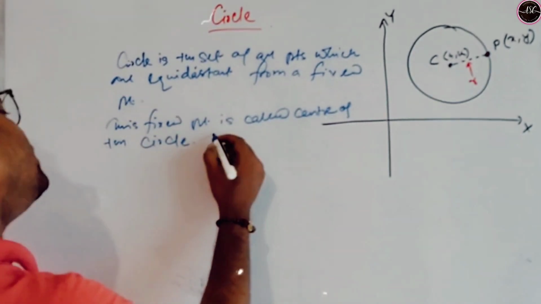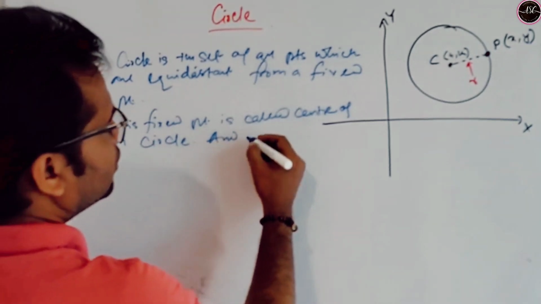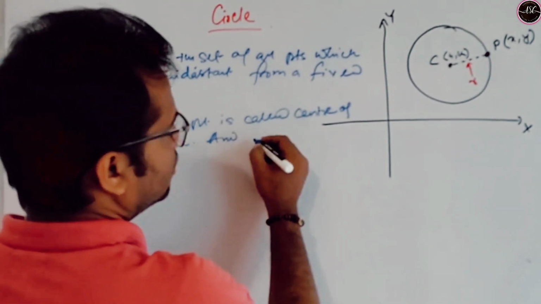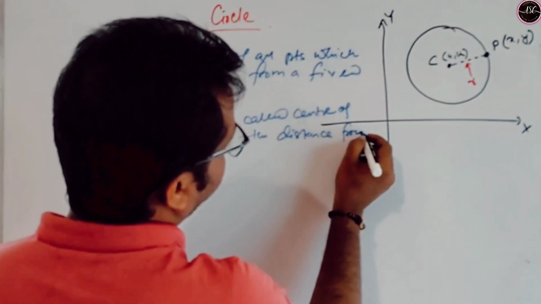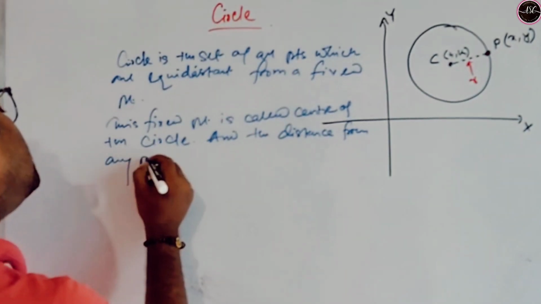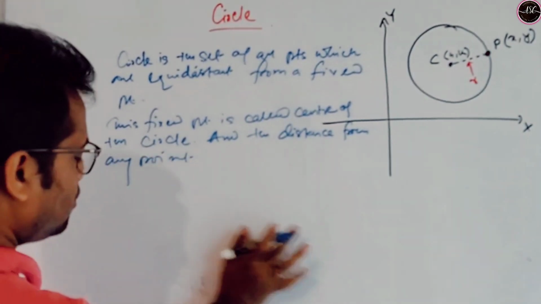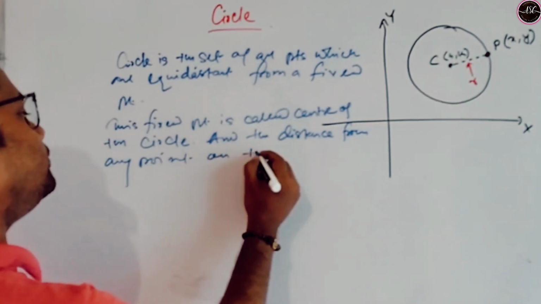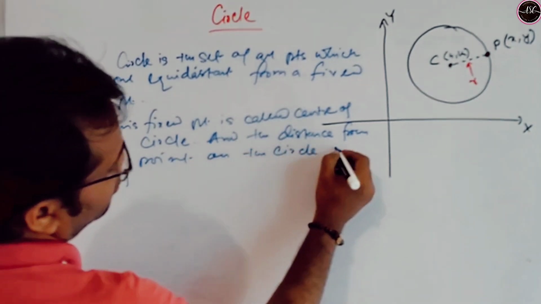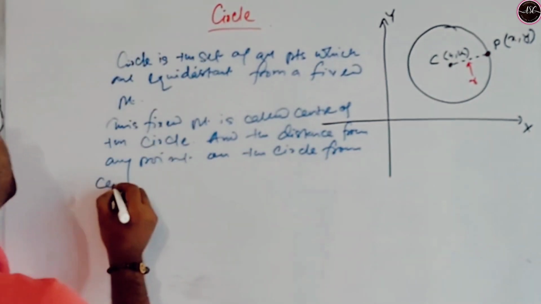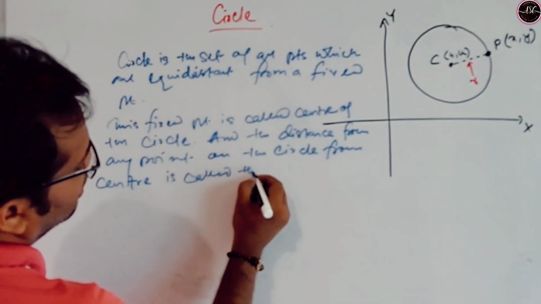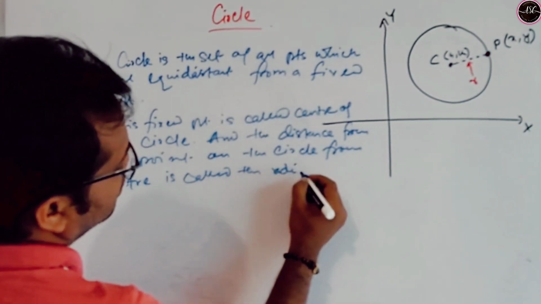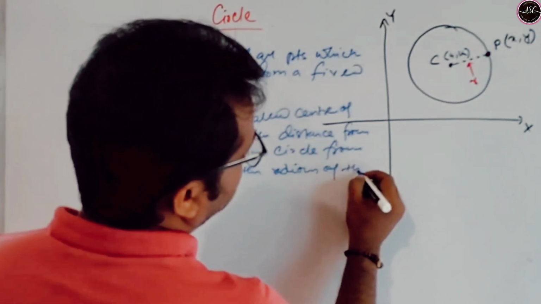Okay, and the distance from any point on the circle from center is called the radius of the circle.